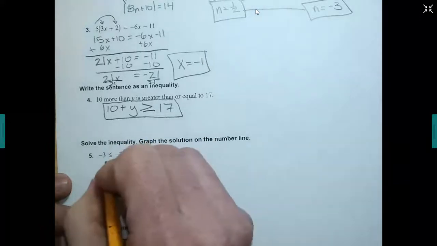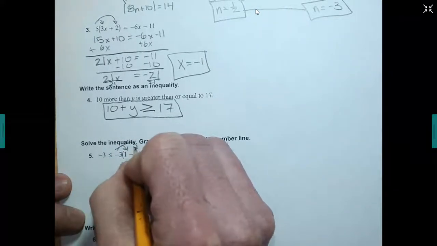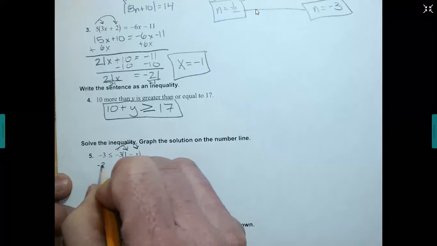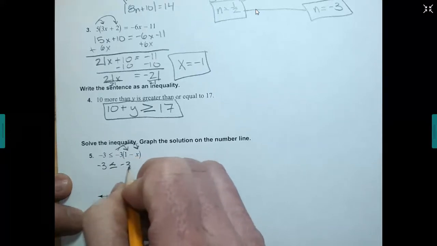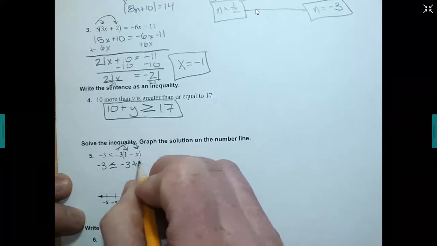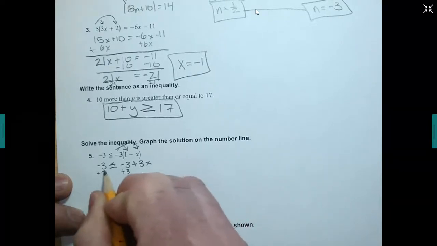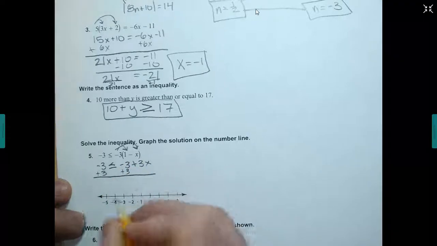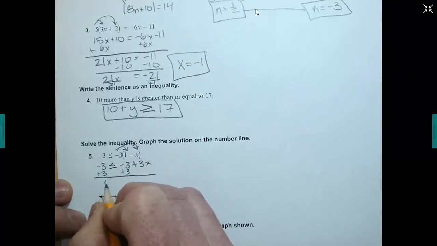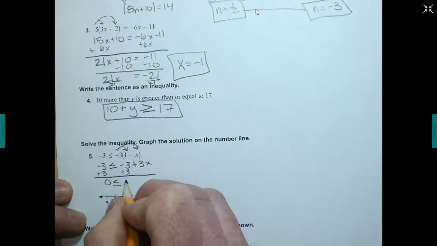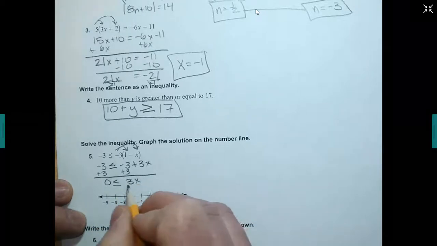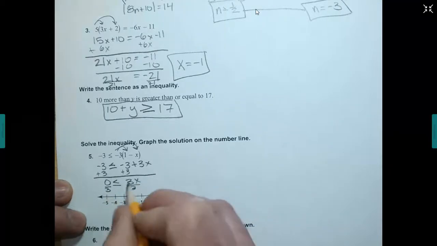So I'm going to distribute this negative 3. So we have negative 3 is less than or equal to negative 3 plus 3x. So I'm going to add 3 to both sides, and I get 0 less than or equal to 3x. Divide by 3, divide by 3.